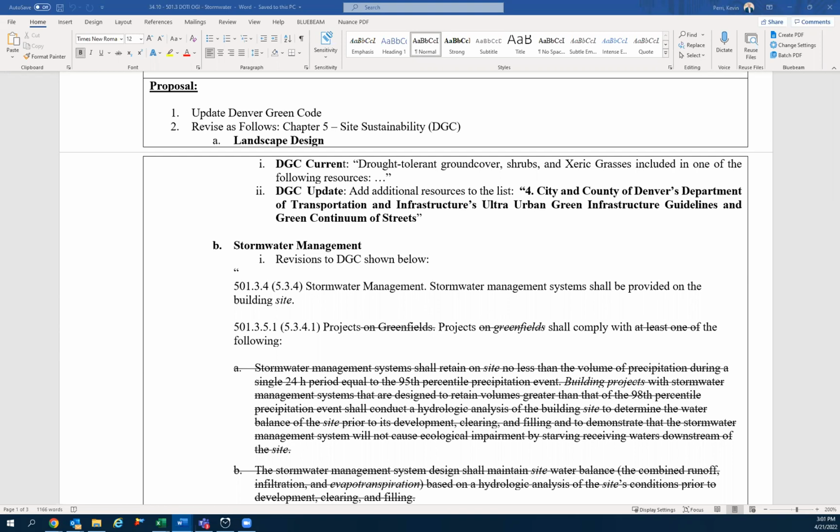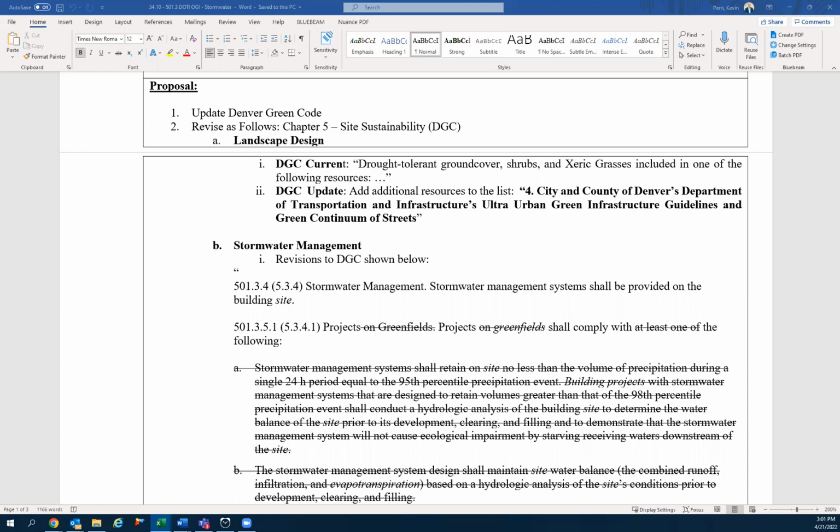The first is related to the landscape design section, and the proposal was to add a plant list to the list of plant lists. The thought being that stormwater control measures are often vegetated and they're part of the landscape on small sites. And so the proposed plant lists in our stormwater control measure design guidelines should be included.